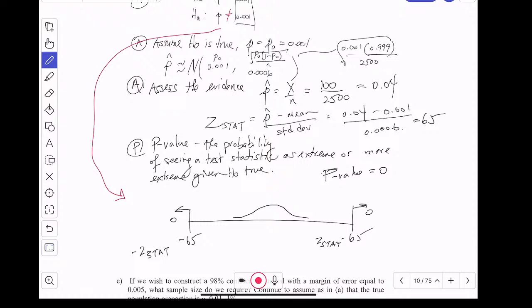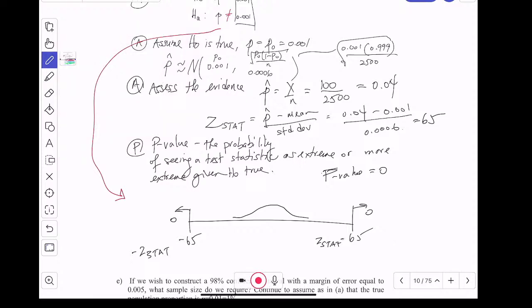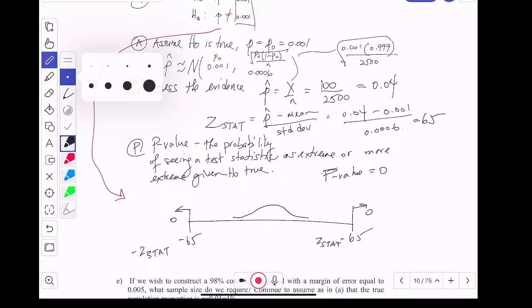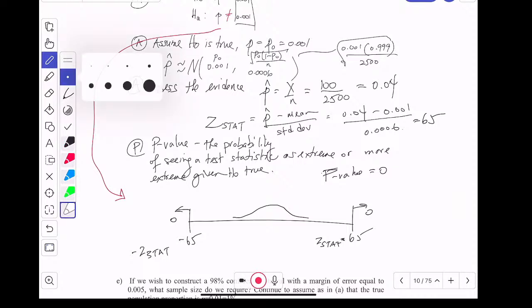Clearly, it's completely unlikely that you would have found a test statistic, or a sample result, that's so extreme, unless something's wrong with your assumption. It's just not likely.